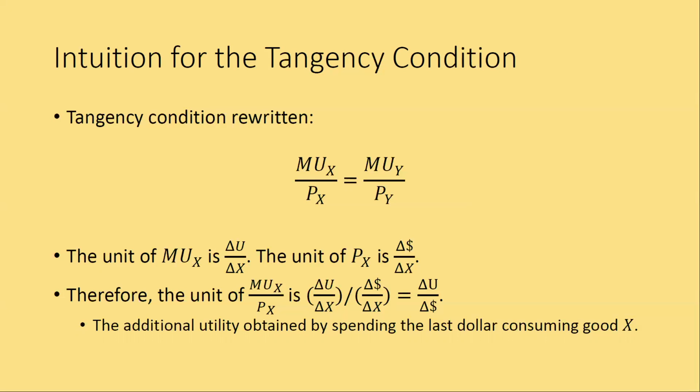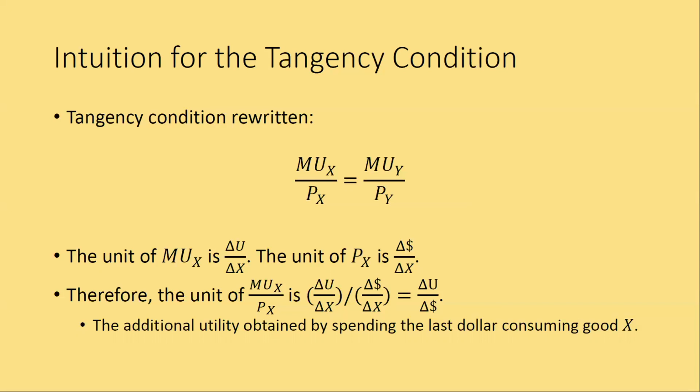Imagine if those two are not equal. Imagine that the additional utility you obtain by spending an additional dollar on good x is higher than that of good y. Then you probably want to decrease your consumption of good y by a little bit, because the dollar spent on good x makes you better off, and increase your consumption of good x by a little bit.